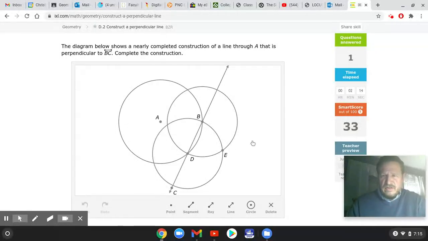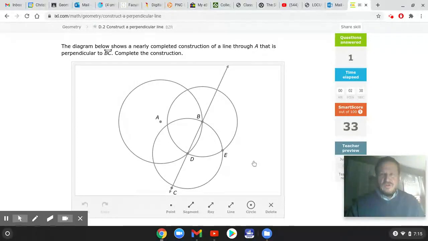The key thing for this IXL is to be able to draw this so that you can put the points together and make sure they're perpendicular, okay? So in this case, once again, you're looking at your point A and point E, which from eyeball looks like it's going to be a perpendicular line.